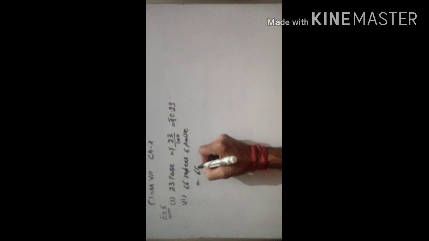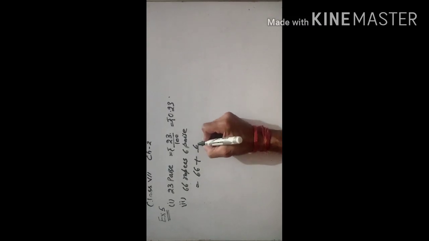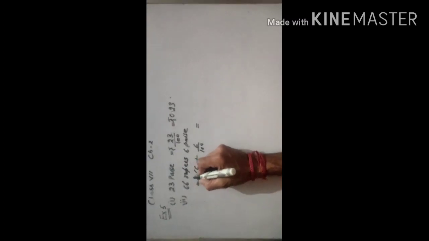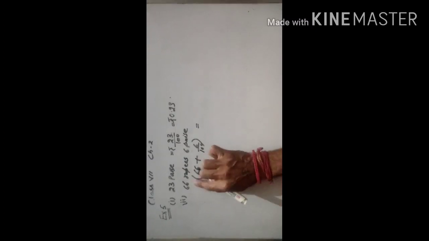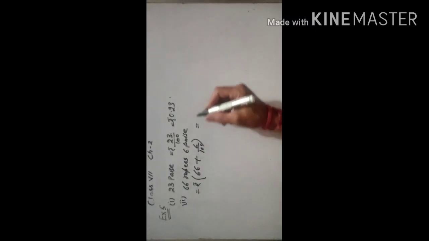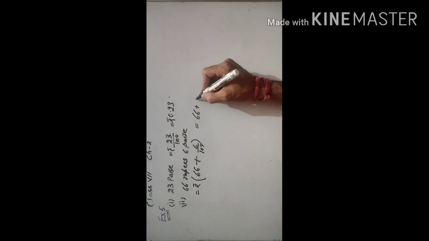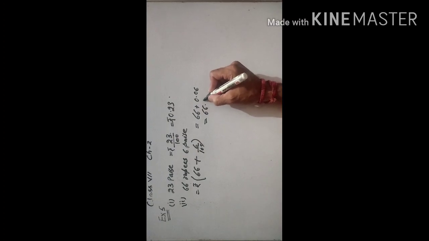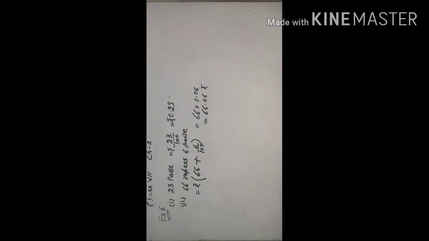That is equal to 66 plus 6 by 100 rupees, that is 66 plus 0.06, that is 66.06 rupees.